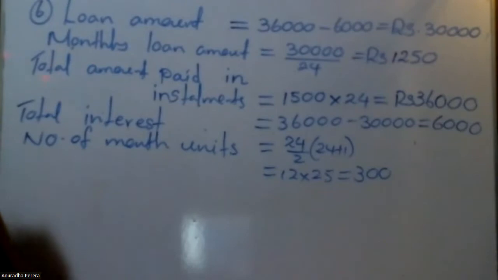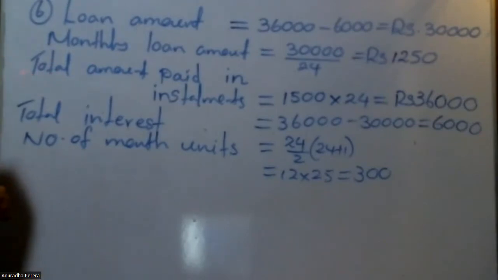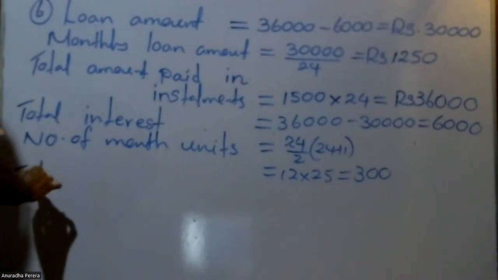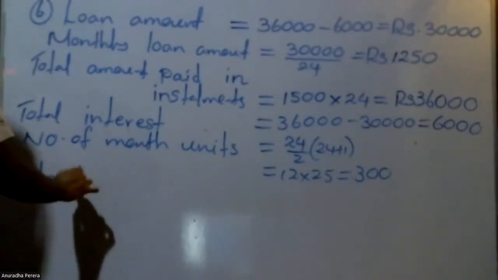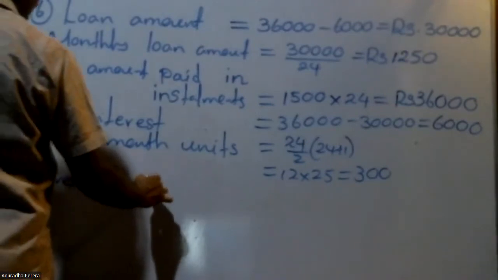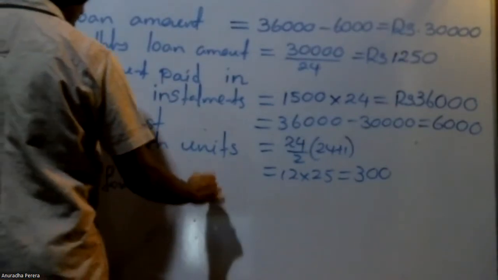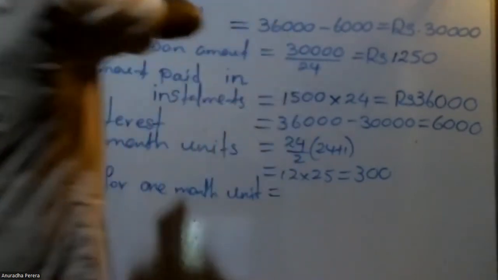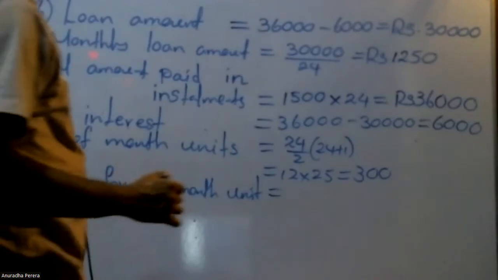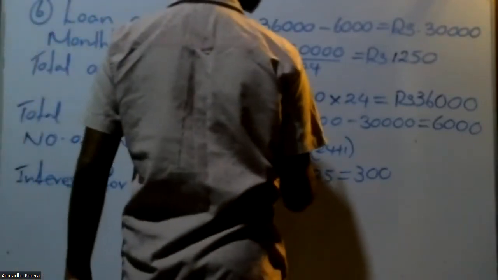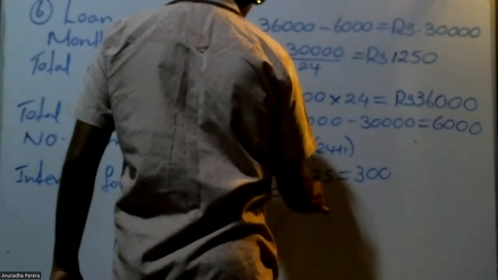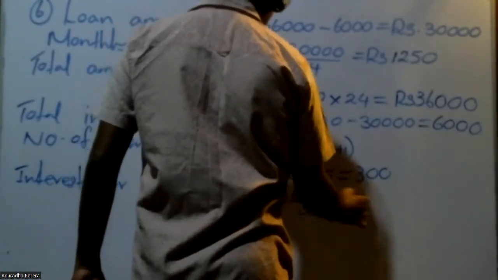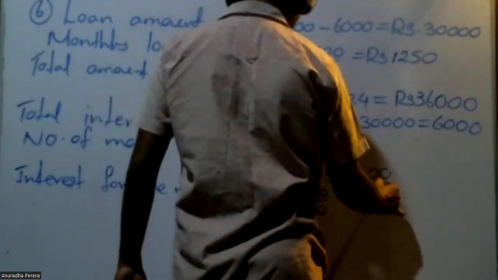Then we know the total interest, then interest for 1 month unit. Divide this total interest, 6,000, by 300, which is 20 rupees.